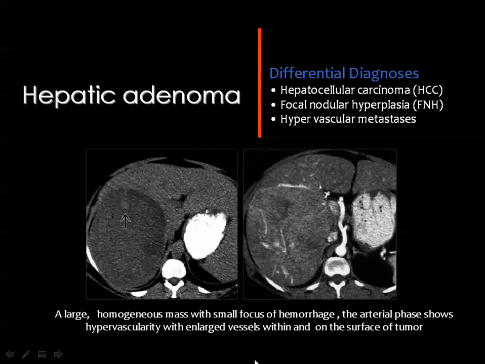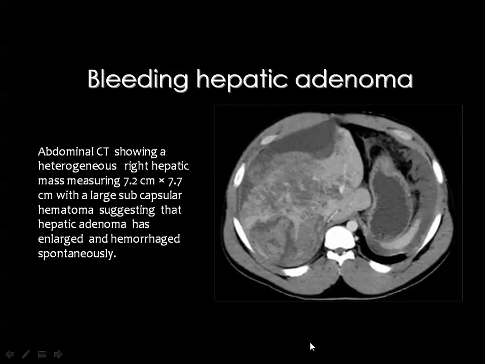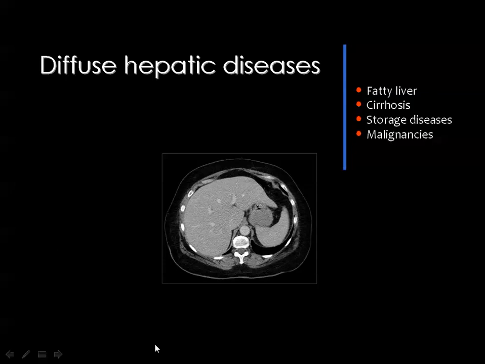And being a hypervascular lesion, you should be cautious whenever you are attempting guided biopsy from these lesions to confirm the diagnosis. And this is an example of a bleeding hepatic adenoma without being touched by needle biopsy. Being a vascular lesion, it may leak, it may bleed into the adjacent peritoneal cavity.